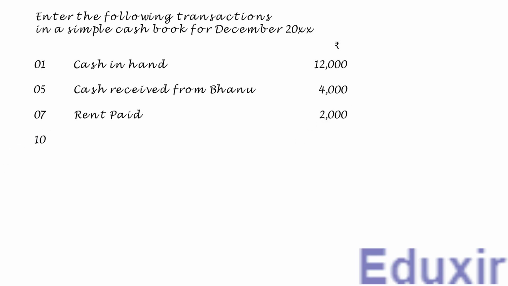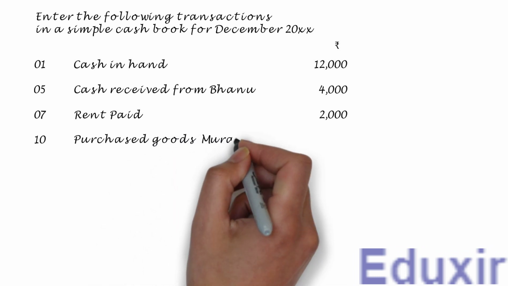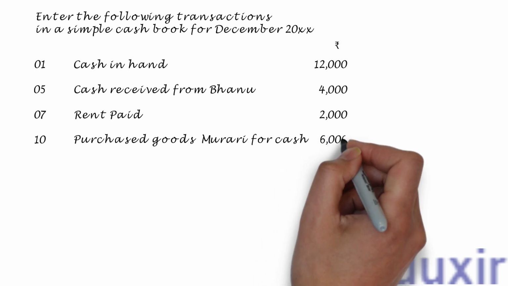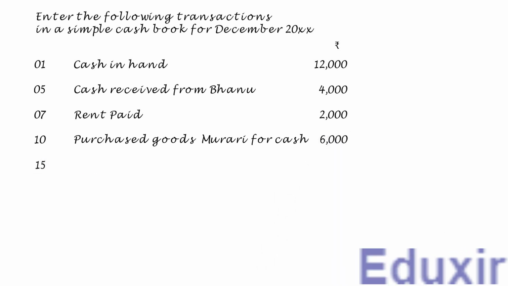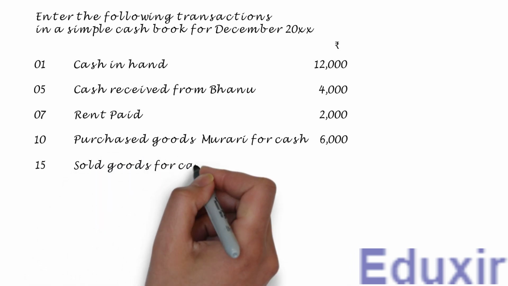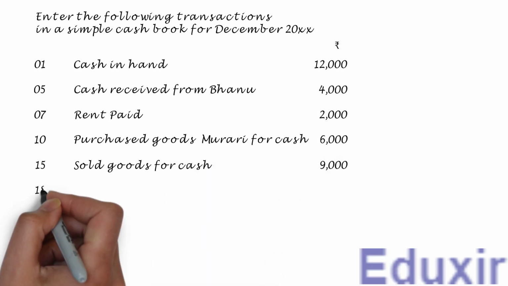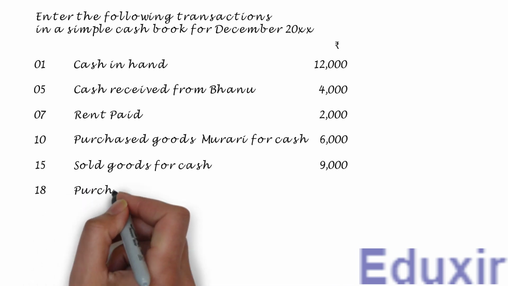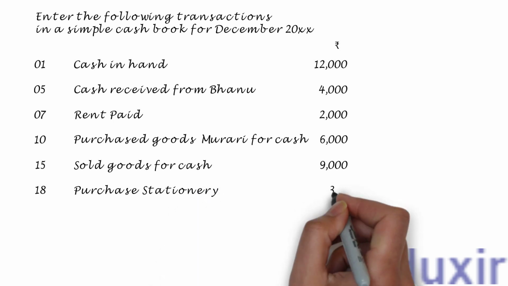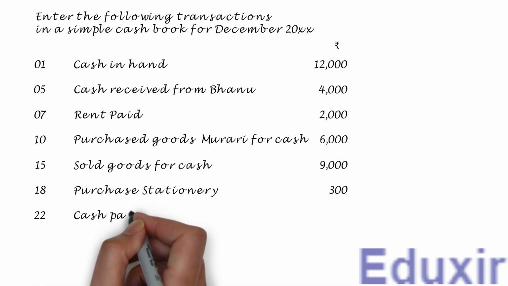On 10th December, purchased goods Murari for cash 6,000 rupees. On 15th December, sold goods for cash 9,000 rupees. On 18th December, purchase stationery 300 rupees.